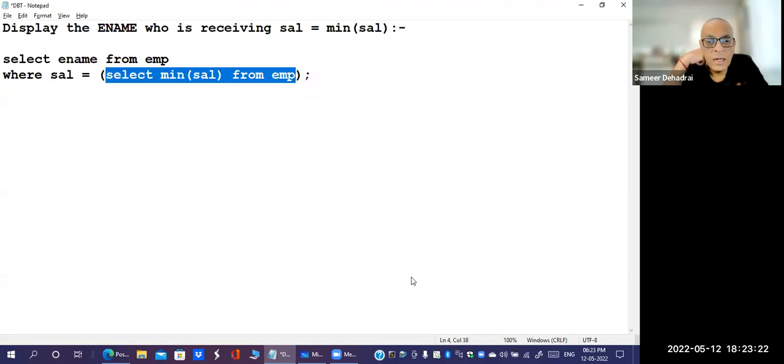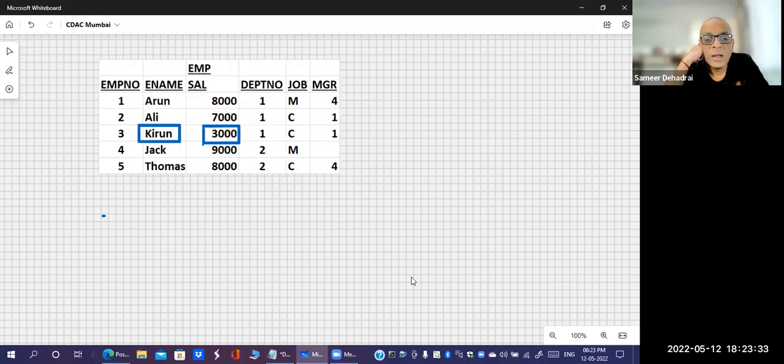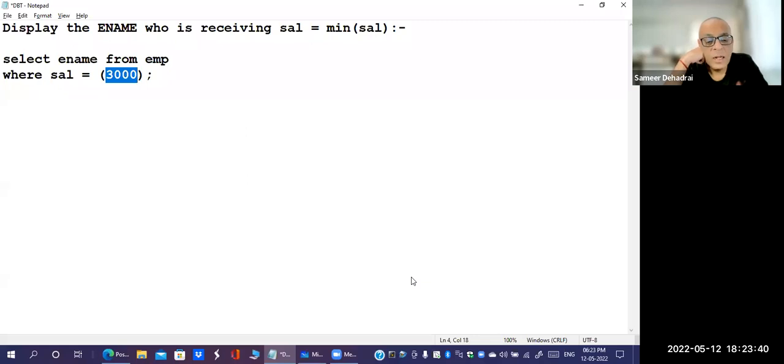And after that, step number 2, my main query is executed. Select ename where sal equal to 3000 will give me the name of the employee who's receiving minimum sal. So my point is, the value 3000 returned by the subquery won't be displayed on the screen; it goes as a parameter to the main query.